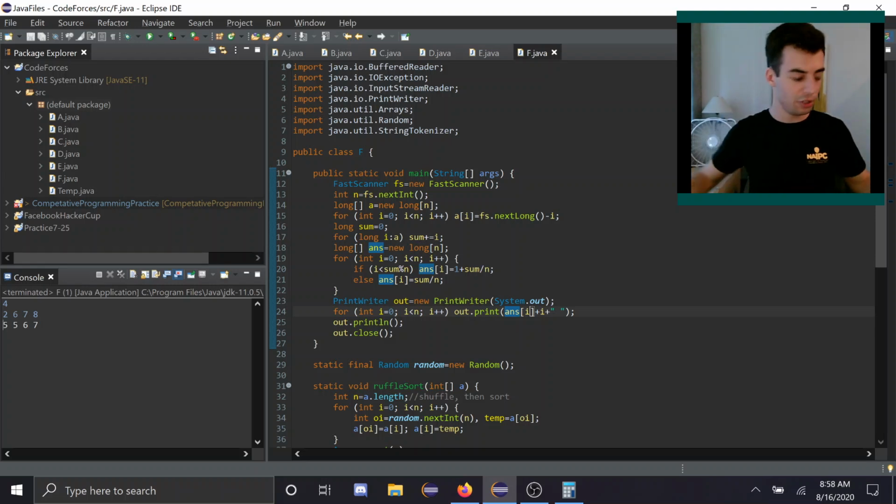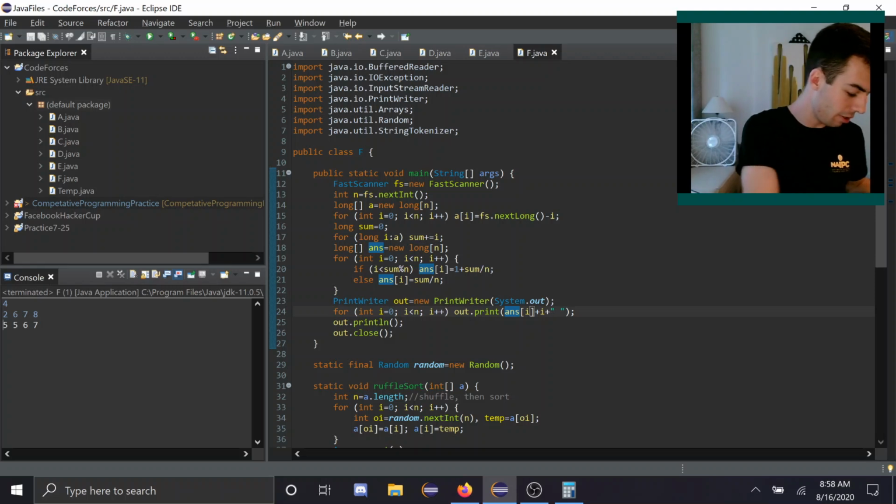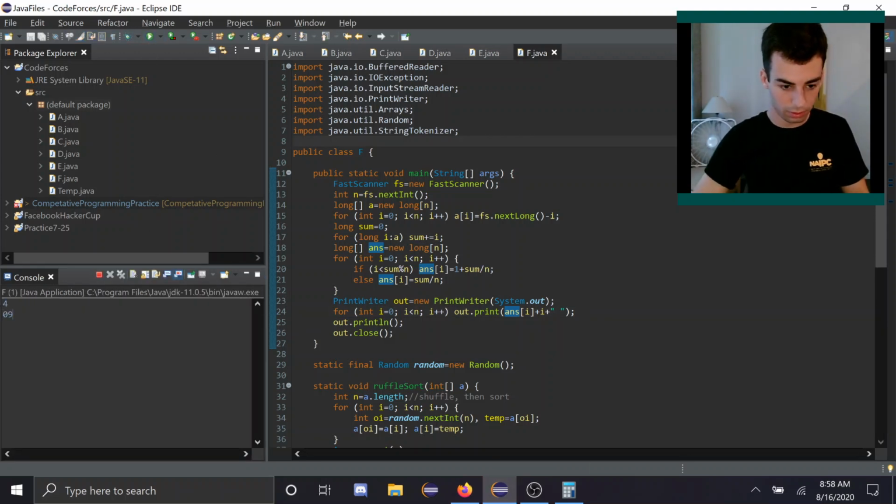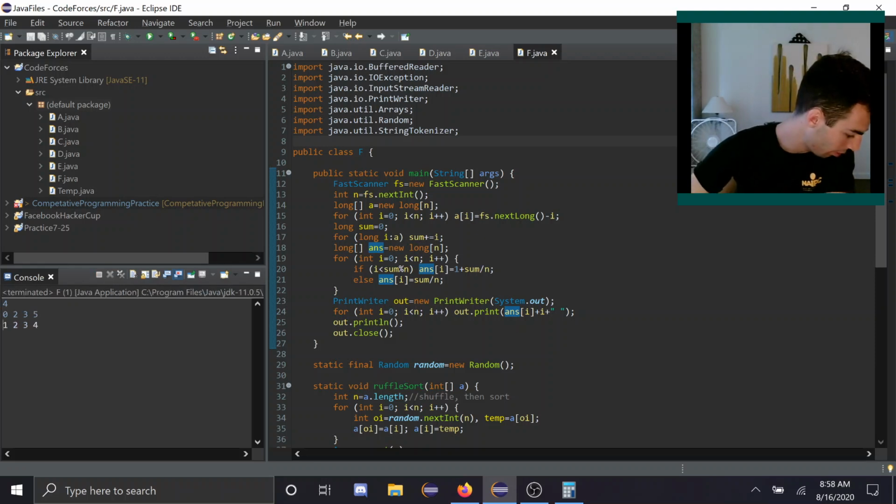On the back side of this sheet of paper. Oh, it was right here. Got it right here. So it's 0 2 3 5. So 1, 2, 3, 4. Yeah, that's right.